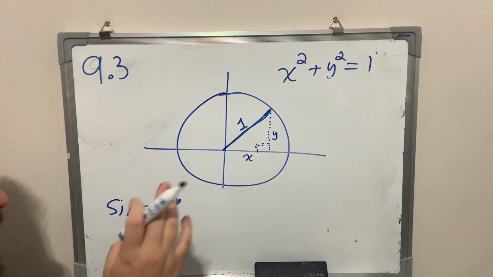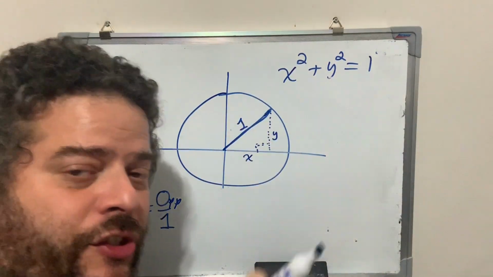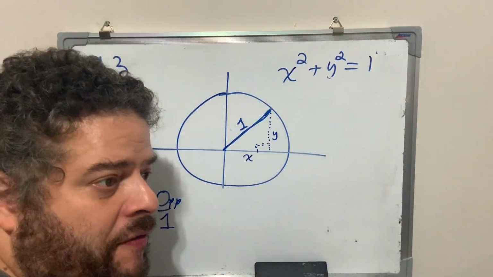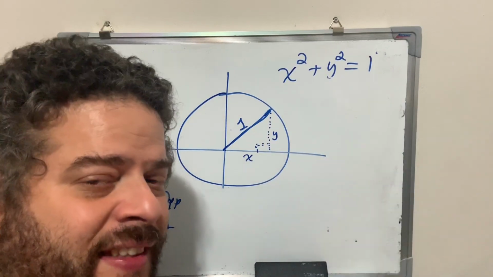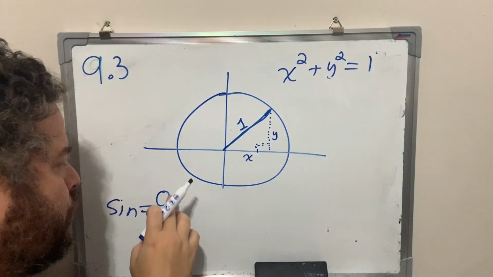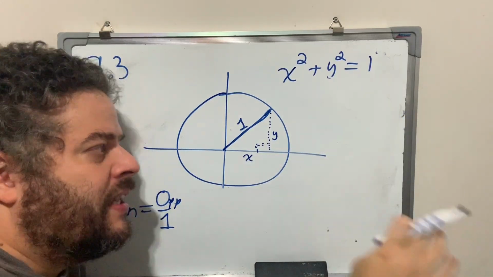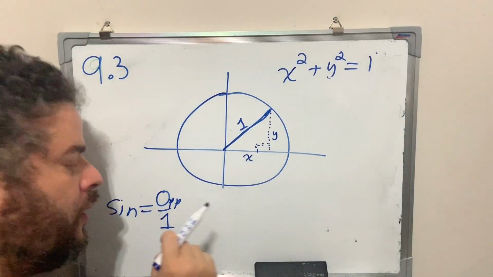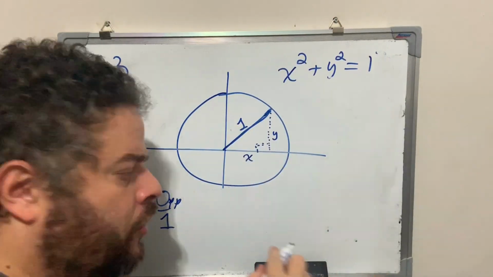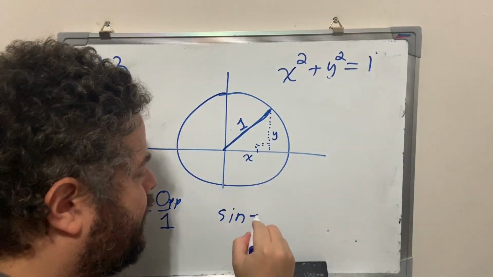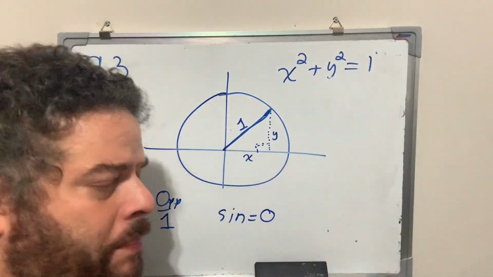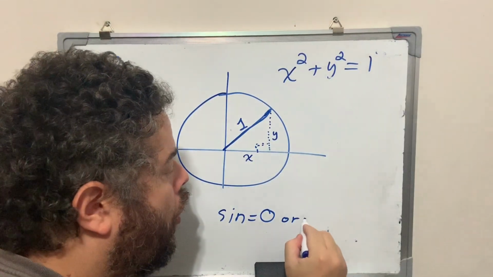So again, if you're working with a unit circle, and it has to be very specific, a unit circle, and if it is a different circle, you would use opposite over hypotenuse. If you're working with a unit circle, since you know the hypotenuse is 1, you can say that sine is the same thing as just the opposite side, or y.